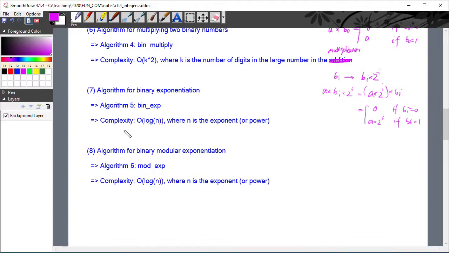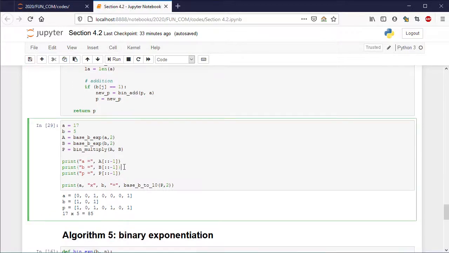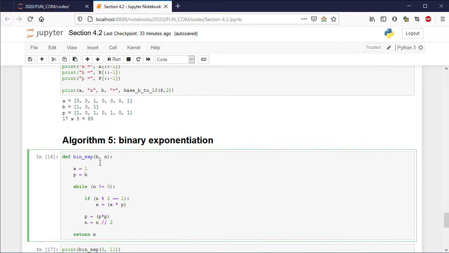So finally, we have two very efficient algorithms. The first one is called binary exponentiation. The idea is very simple. We want to find an efficient algorithm to calculate b raised to a certain power n.